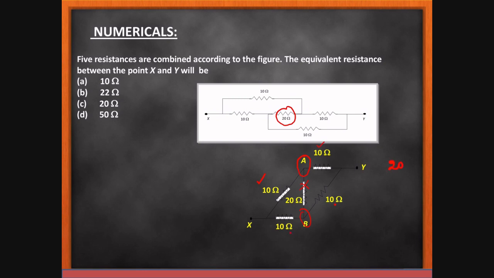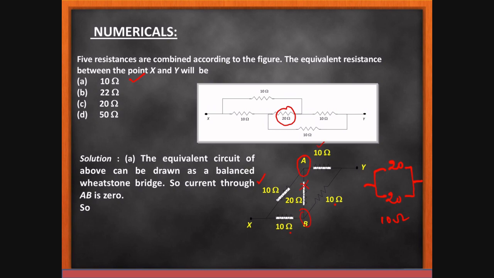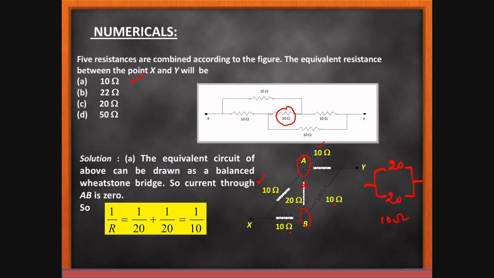This 10 and this 10 in series, net answer is 20, and these two are in parallel, so net answer is 10 ohm. So option A is correct. Now see the solution. So the net answer here is 10 ohm.